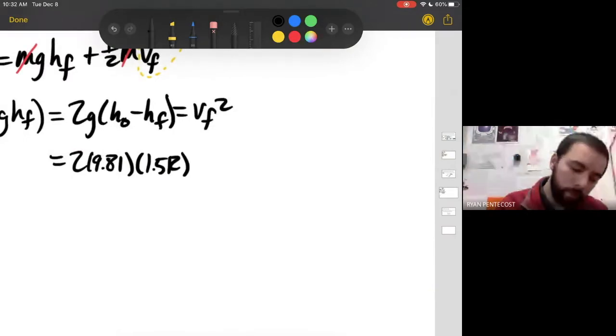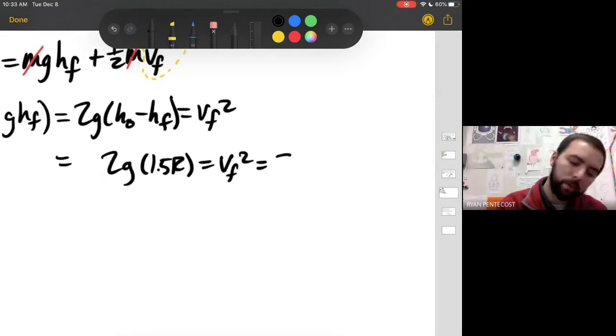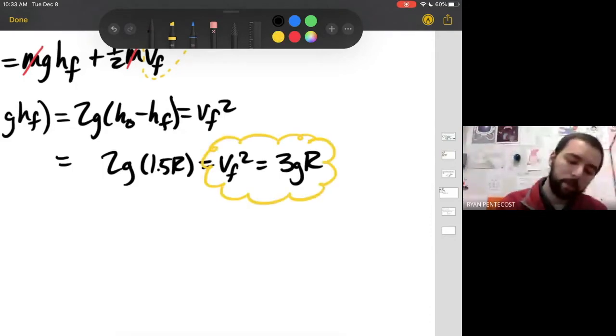Oh, you know what, let's keep this like this. We'll do 2g times 1.5r equals vf squared. That will give us 3gr. So that is what we will put up top. And notice that it is in terms of the radius.